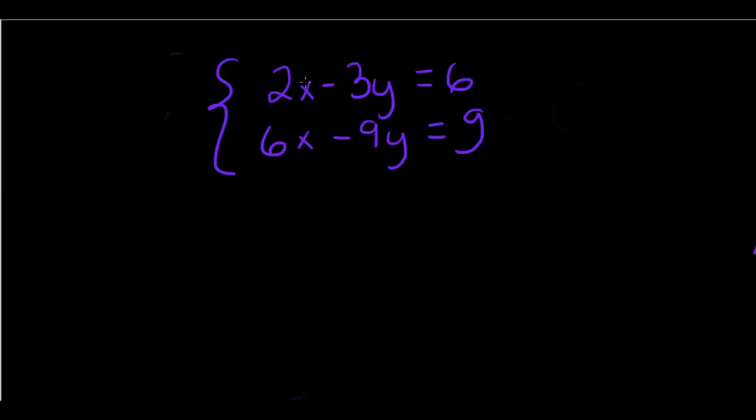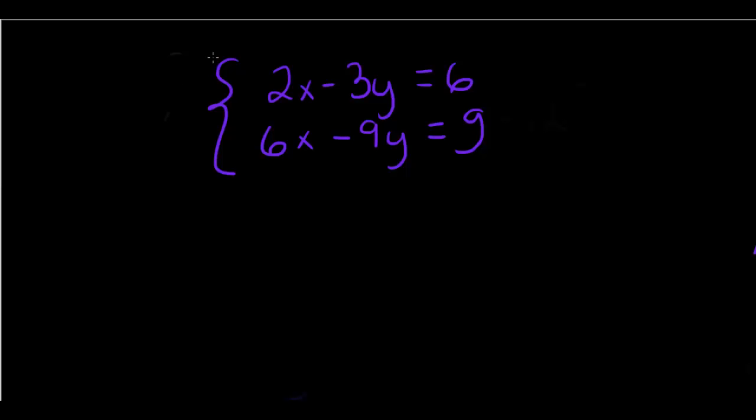So what I can do is multiply the first equation by negative 3, because by doing so, I will end up with a negative 6x here. Actually, that's the way it's going to work. We're going to go ahead and multiply the first one by negative 3.